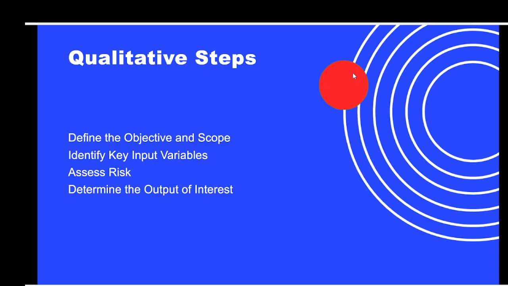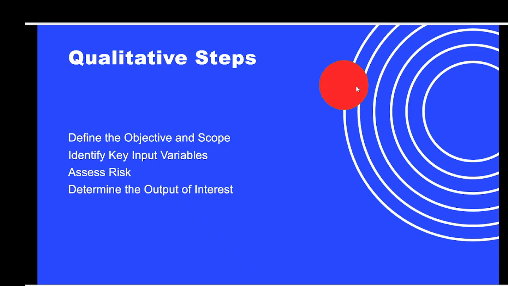This is first done with defining the objective and scope, which means to clearly state the purpose of the sensitivity analysis. This can be done by describing the decisions or outcomes we are trying to understand. It also can mean that we determine the boundaries of the analysis.